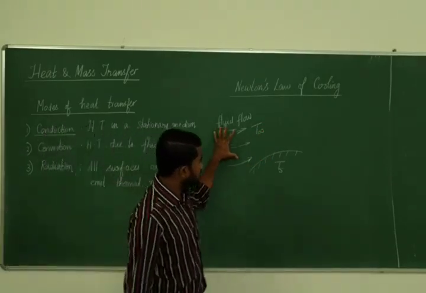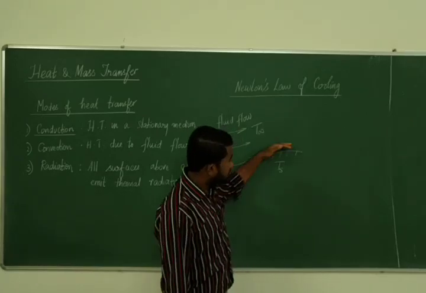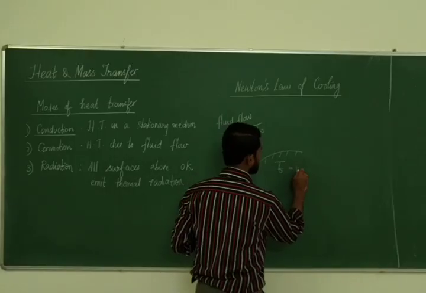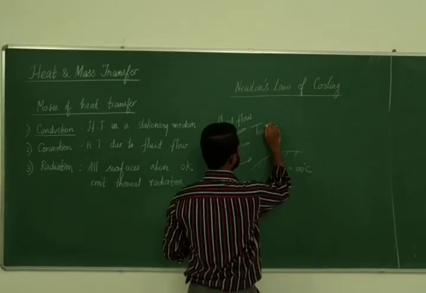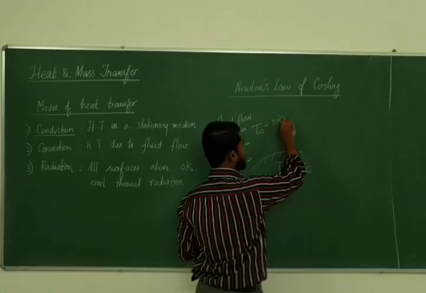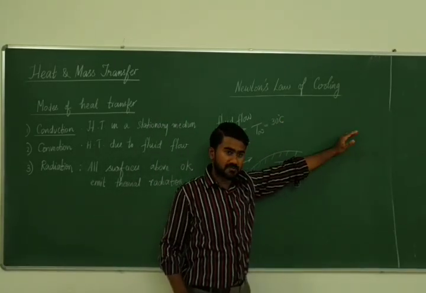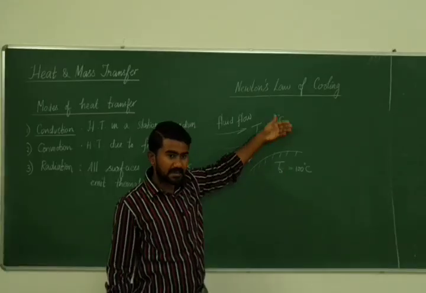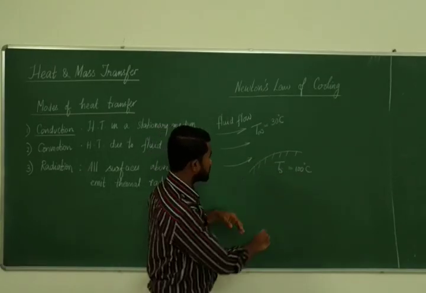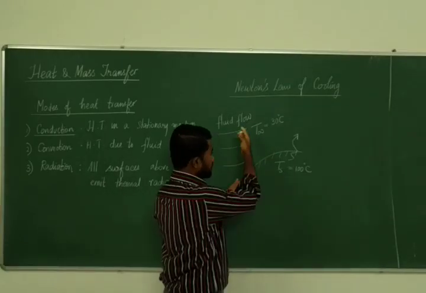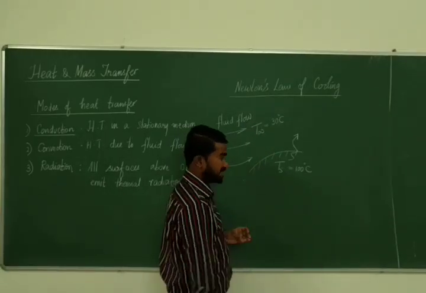So T infinity is the temperature of the fluid, and Ts is the temperature of the surface. Suppose the fluid is at atmospheric temperature. You have a very hot surface, and you have cold air blowing across the hot surface. What will happen between them? Heat will transfer from the hot surface into the cold air, because of the temperature difference.